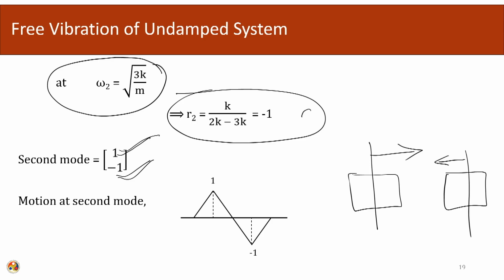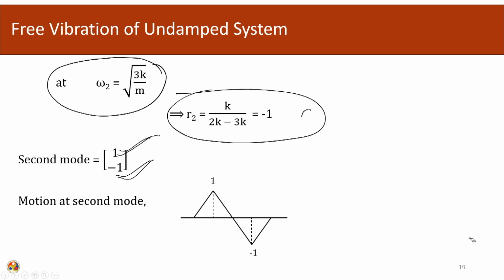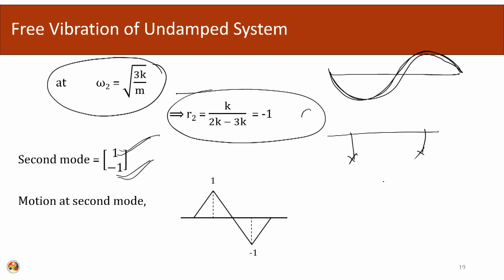Now, again we will visualize this using our beam analogy. In the beam analogy, this was the second mode, the behavior that we are expecting. Here in the beam, these were our 2 degrees of freedom.